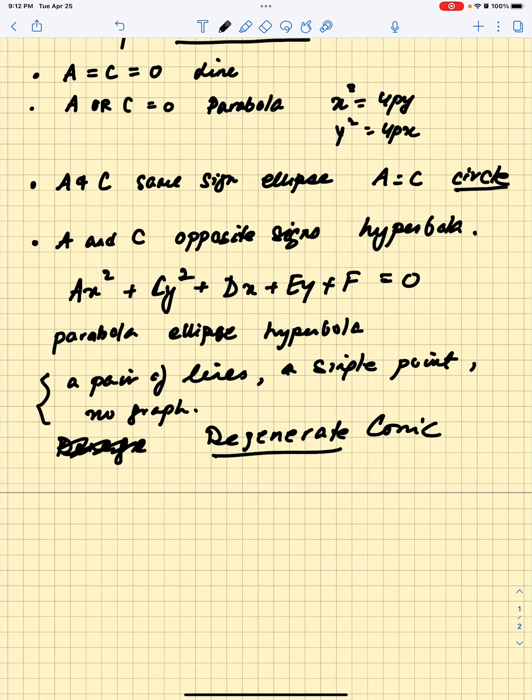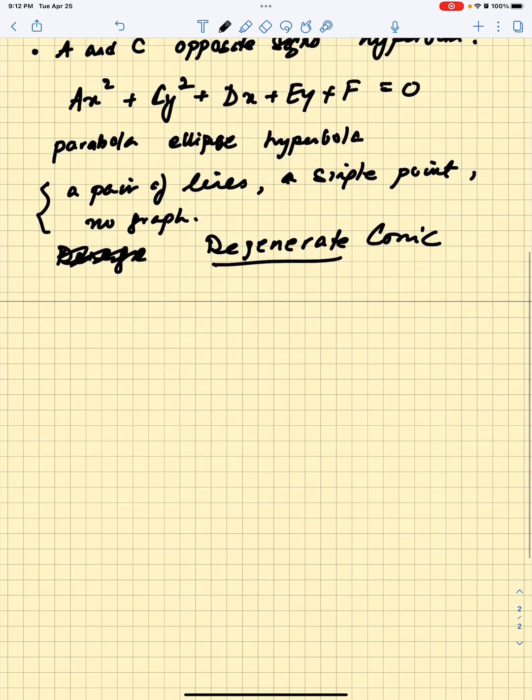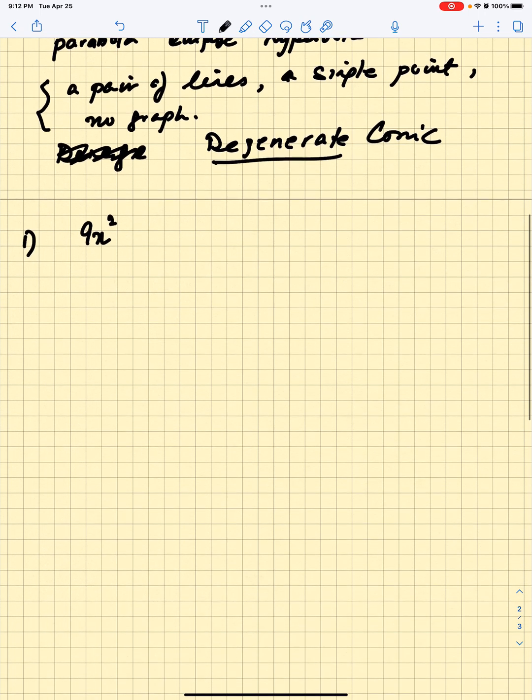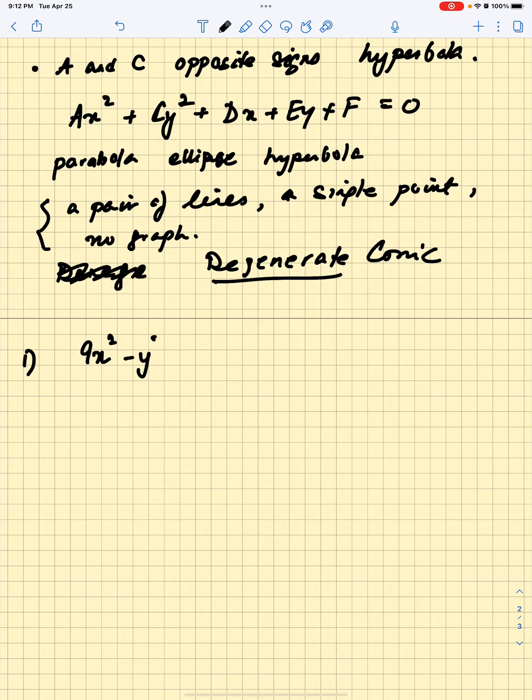So let's do one example and see. Here we have 9x squared minus y squared plus 18x plus 6y is equal to 0. Let's complete the square on this.